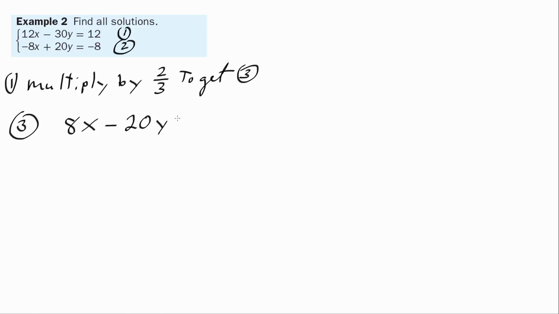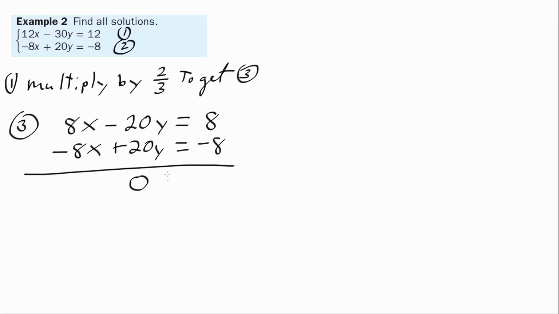And 2/3 times 12 is 8. And then we have our negative 8x plus 20y equals negative 8. We add them together and we get another situation where 0 equals 0. We reach a conclusion that makes sense. Therefore, all possible values will make sense, and they are coincident lines.